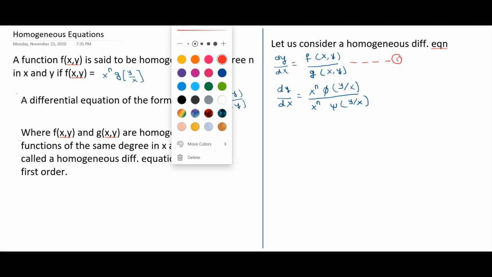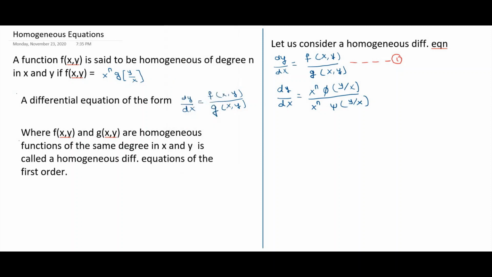The x raised to n terms cancel, and at that time you will get dy divided by dx is equal to phi(y/x) divided by psi(y/x).